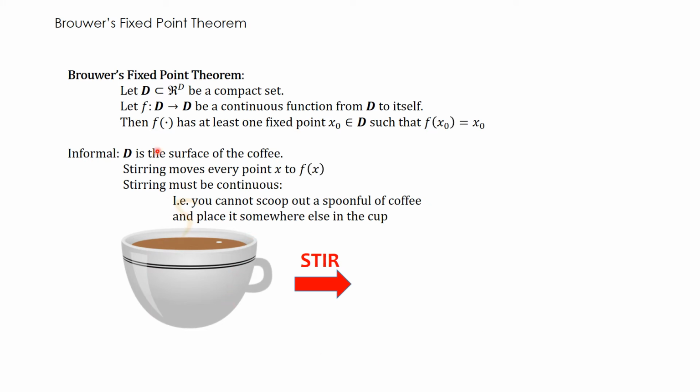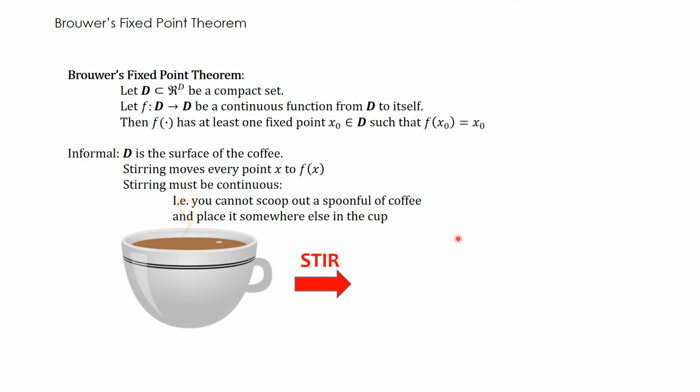Informally, D is this 2-dimensional surface of this cup of coffee. And by applying this function f, we are stirring this coffee. And this function must be continuous. In other words, we cannot take a spoonful of coffee from here and put it here, because that would introduce a discontinuity in the function.